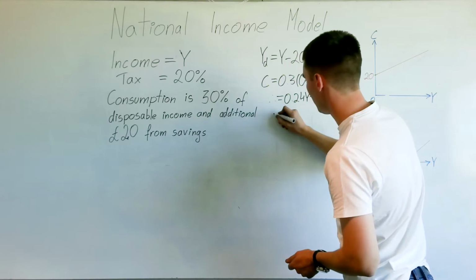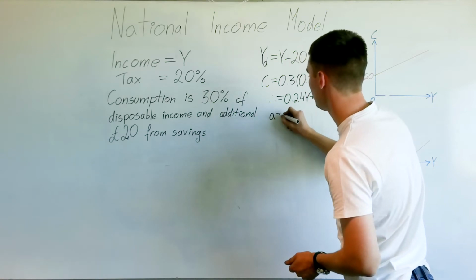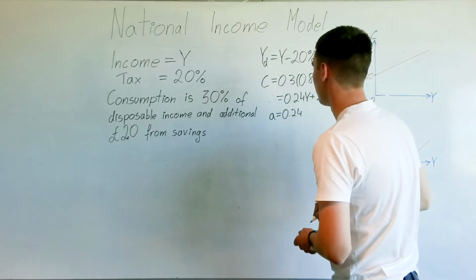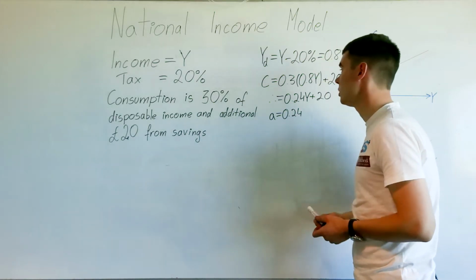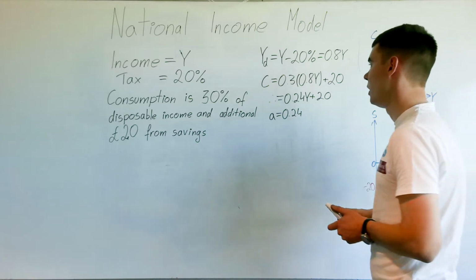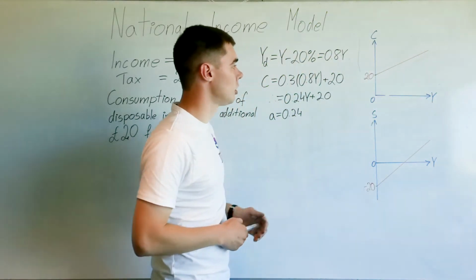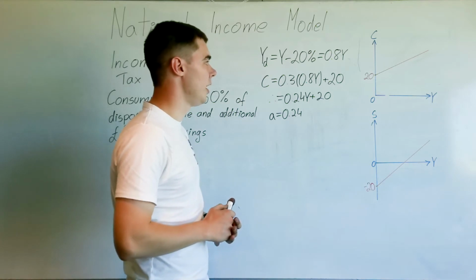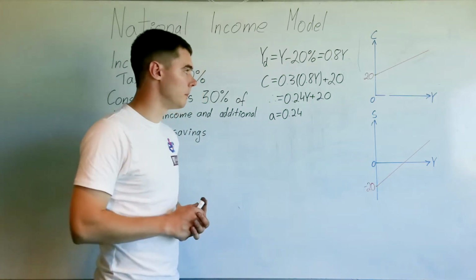You can see that our marginal propensity to consume, or A, is equal to 0.24. And as we found our consumption, we can draw a graph which would look like this. Starting point is 20, and it will be rising by a factor of 0.24.